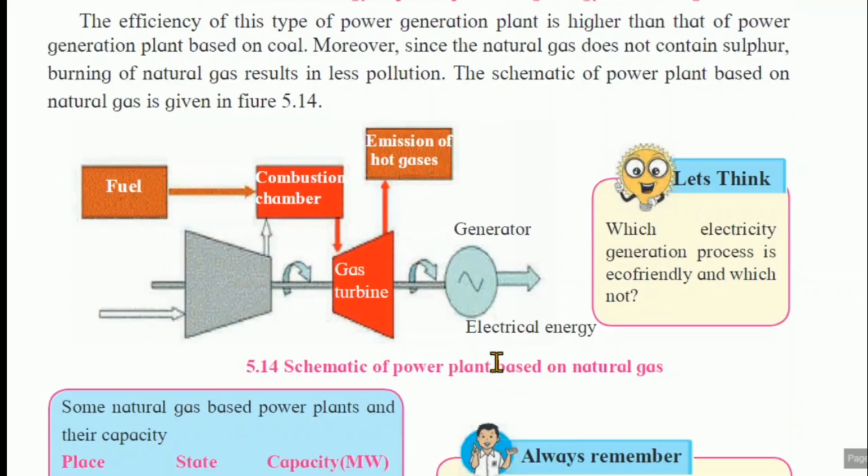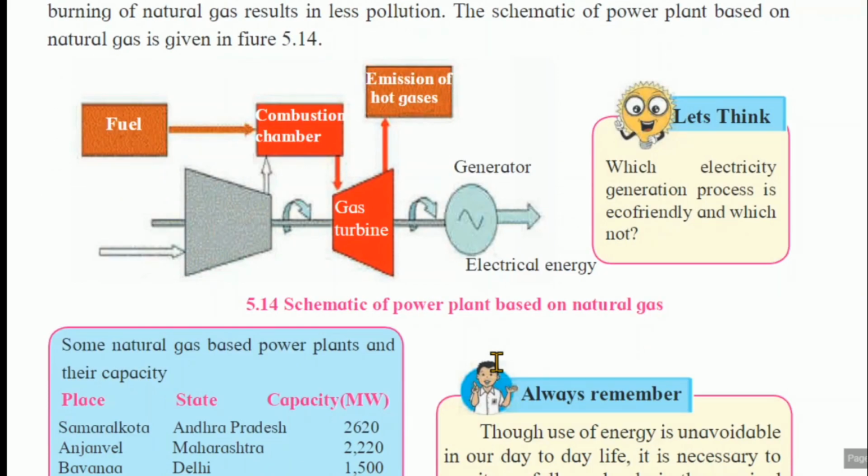So benefits are there, because when natural gas burns, harmful emissions do not occur, those harmful emissions which are responsible for air pollution and respiratory diseases. So all these things are not produced in the burning of natural gas.